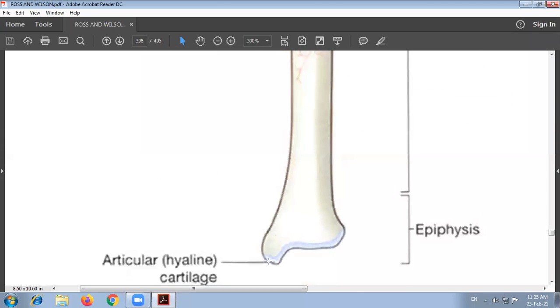The epiphysis again has an outer layer that is called the articular cartilage, which is made up of hyaline cartilage.